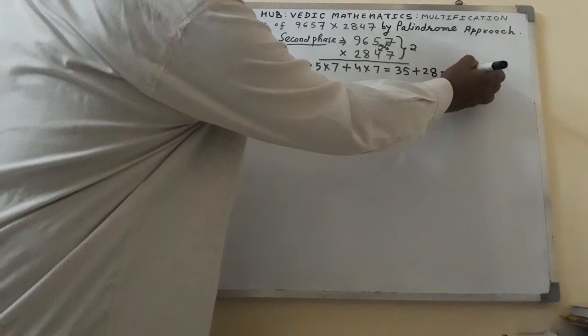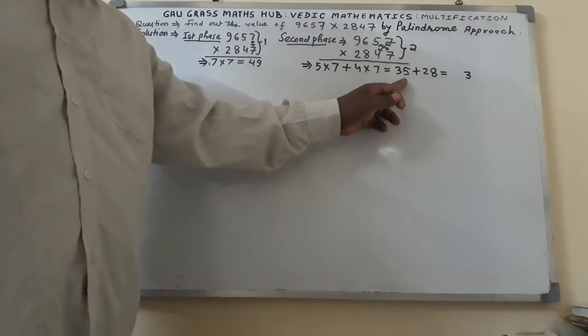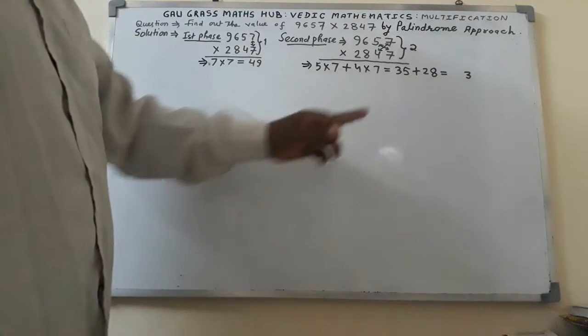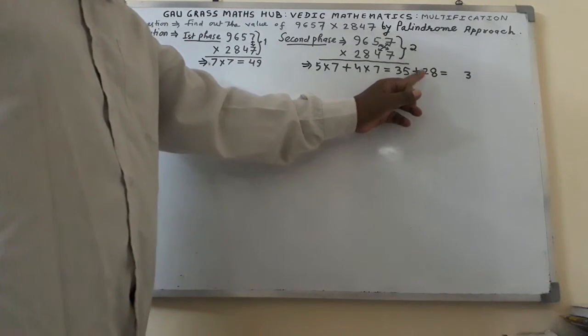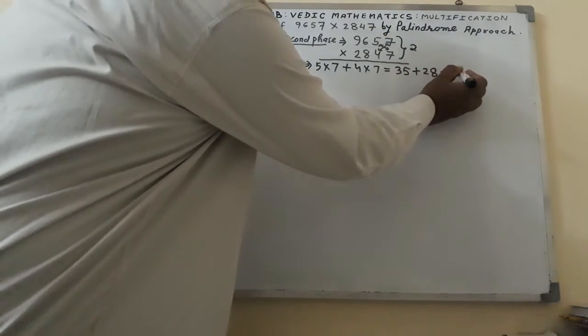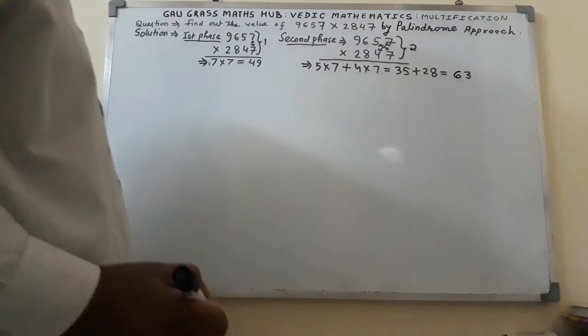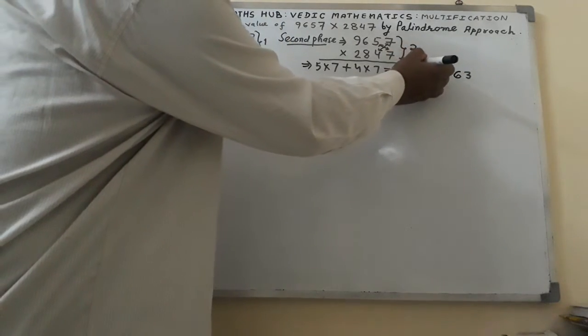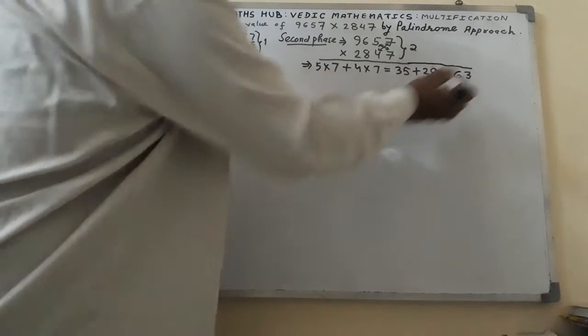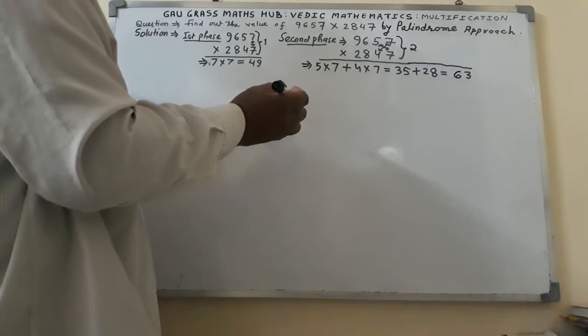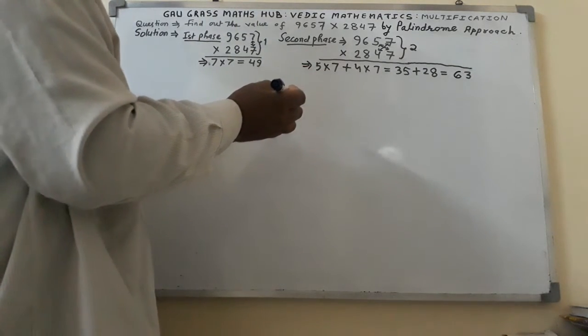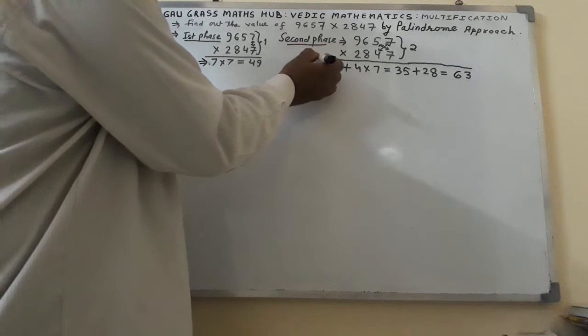You will get 8 plus 5, which is 13. Carry will be 1. 1 plus 2 is 3. 3 plus 3 will get 6. So now we have got 6. Now the second phase of the palindrome approach has been completed.